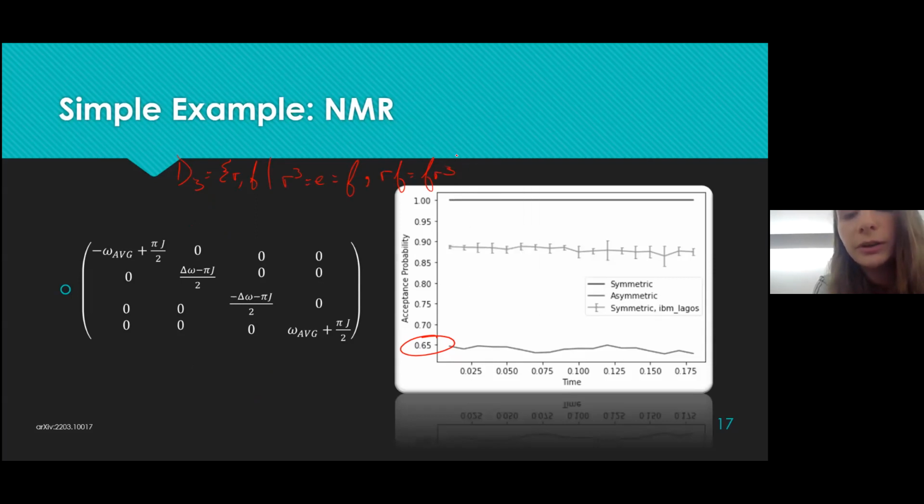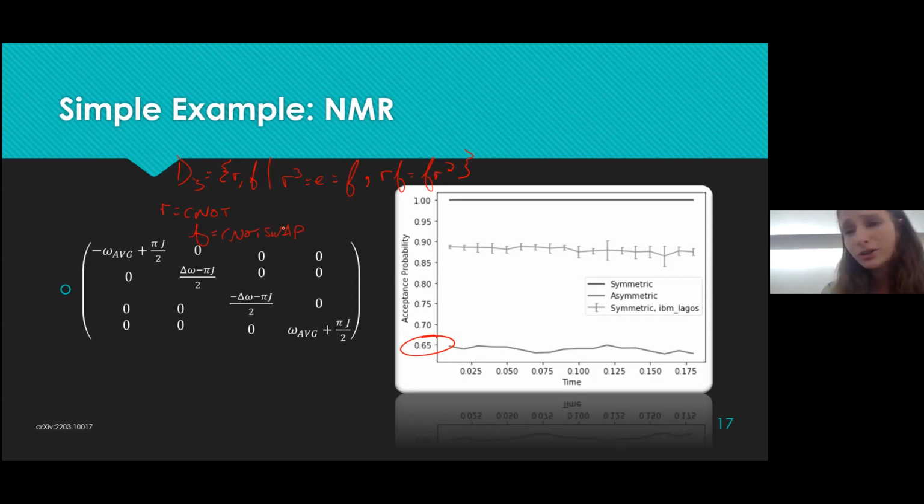That's your dihedral group on the triangle, correct? So I believe I chose R equal to C0 and F equal to C0 swap.